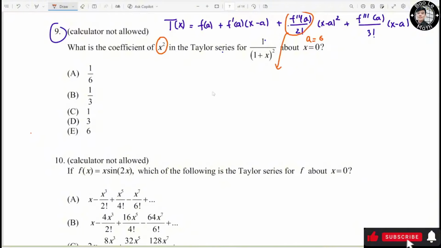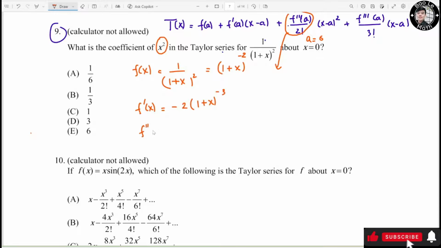So we have the function f of s is given by 1 over 1 plus s altogether squared, which is actually 1 plus s altogether raised to the negative 2, right? So we have f prime of s is going to be negative 2 times 1 plus s raised to the negative 3, right?